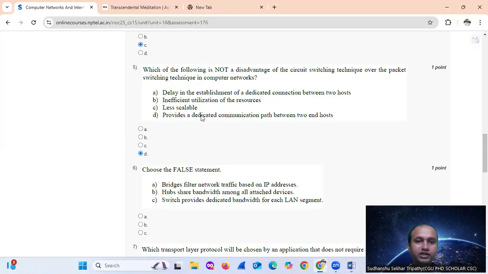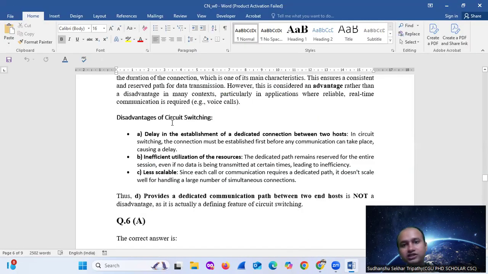These three, this D is the advantage and these three are the disadvantages. Okay, so the disadvantage of circuit switching, that is the delay in the establishment of a dedicated connection between two hosts.